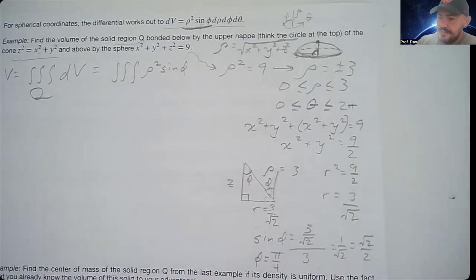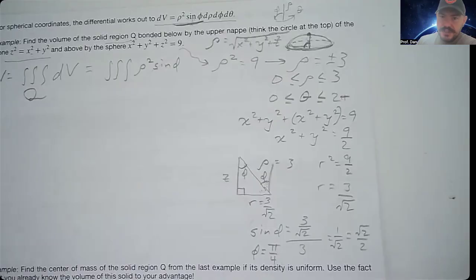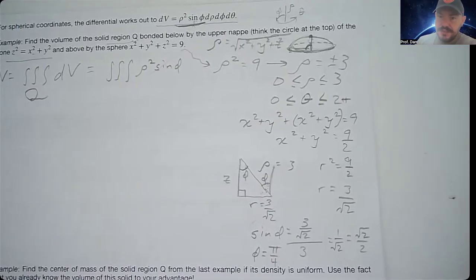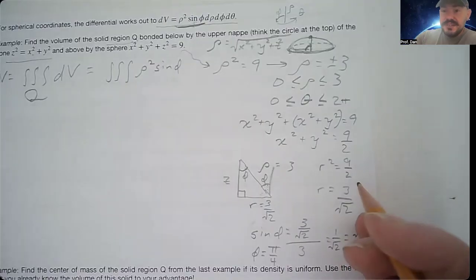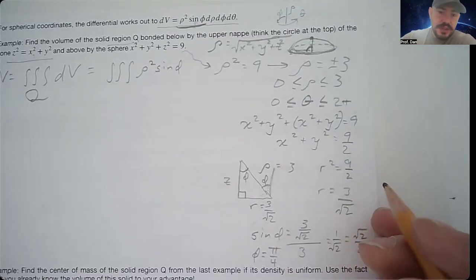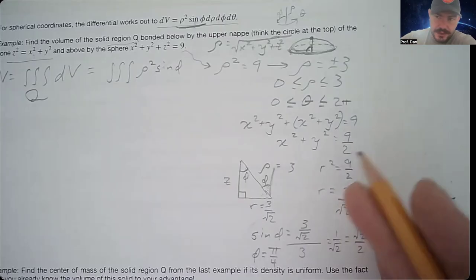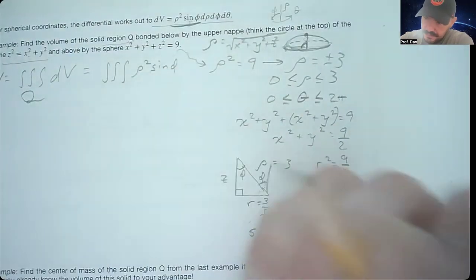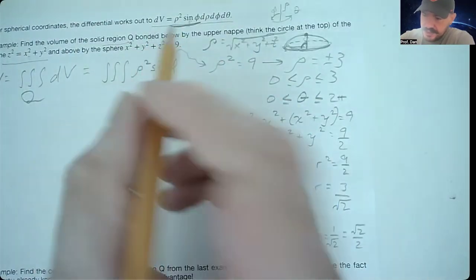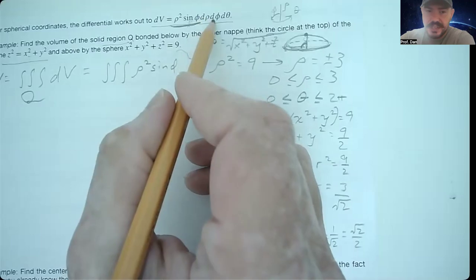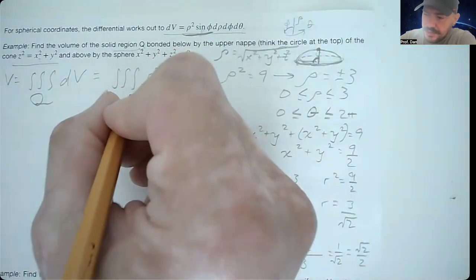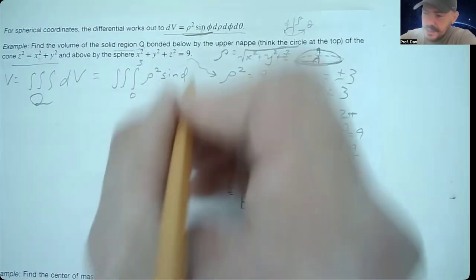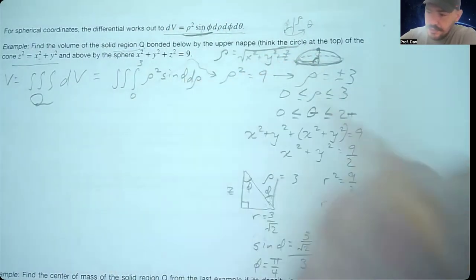So with that said, we have all of our different ranges for everything. Because all of them are constant, it technically doesn't matter what order I write my differentials in, but good habits. Let's do d rho, d phi, d theta. So I know that rho is going to range anywhere from 0 to 3, d rho.